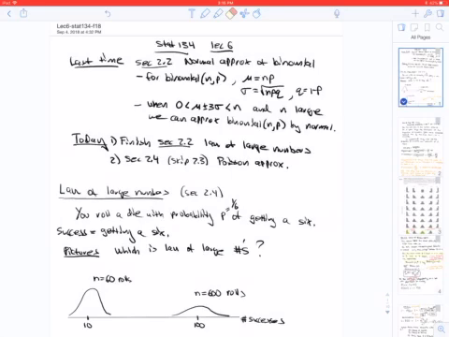Because remember that the outcomes of a binomial distribution are between 0 and n. Otherwise, your normal distribution will be cut off at one tail or the other.